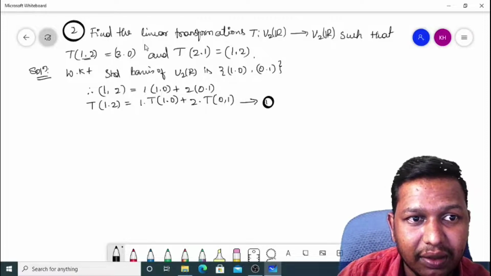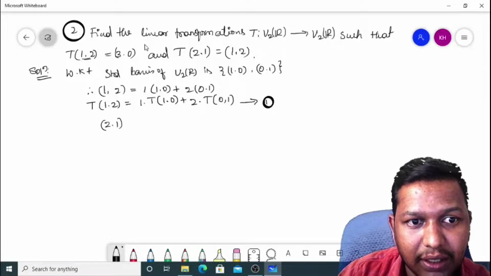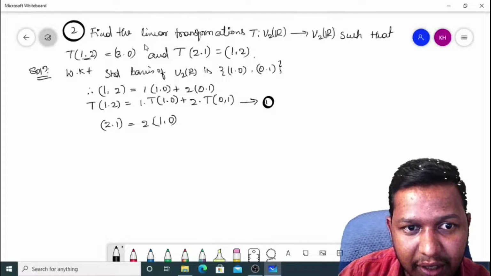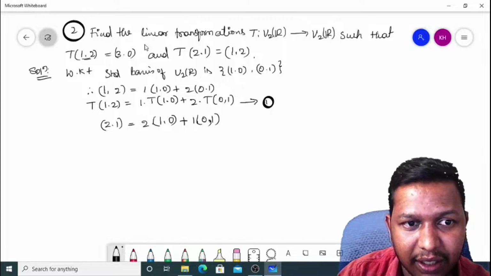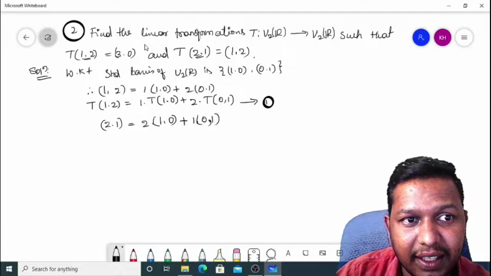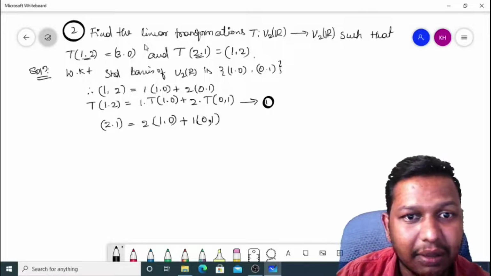Similarly, for the second one they gave (2, 1) is equal to 2 into (1, 0) plus 1 into (0, 1). That means the element given inside the bracket, we need to express first as a linear combination of our basis.